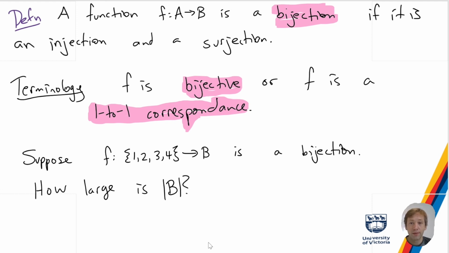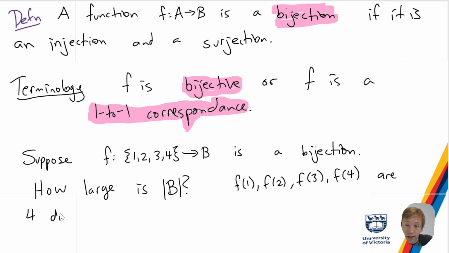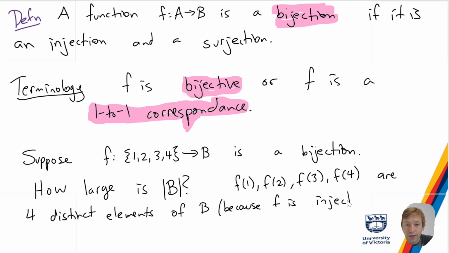If you think about that for a little while, you'll see that the answer is it has to be 4, right? Because f of 1, f of 2, f of 3, and f of 4 are 4 distinct elements of B because f is injective. So f doesn't map 1 and 2 to the same element of B, it doesn't map 1 and 3 to the same element, it doesn't map any two different numbers to the same element.